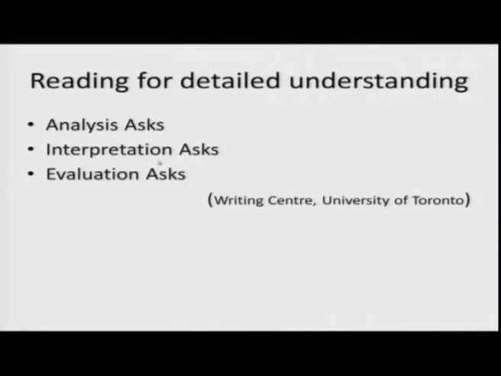They are classified as analysis asks, interpretation asks, and evaluation asks. For our purposes, we will look at the first two, analysis and interpretation, in this lecture. We will look at evaluation when we look at critical reading in detail. So, what does analysis mean and what does interpretation mean?